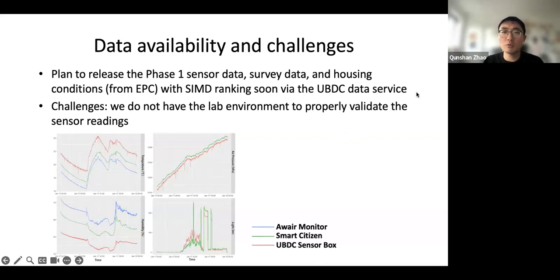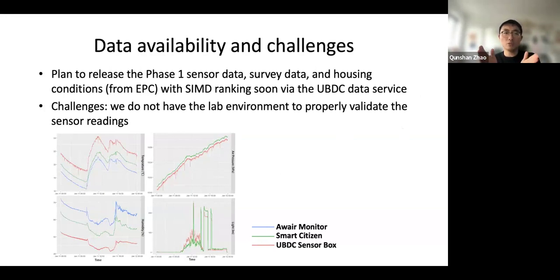The main thing is that we do not have a lab environment to properly validate. So you can see that for temperatures, we do see a gap. I mean, that's more like a systematic error. The temperatures are still in the same trend, but if you look at the absolute temperature or relative humidity, there's certainly a deviation from those more expensive commercial sensors.